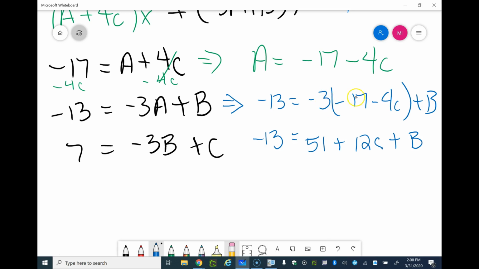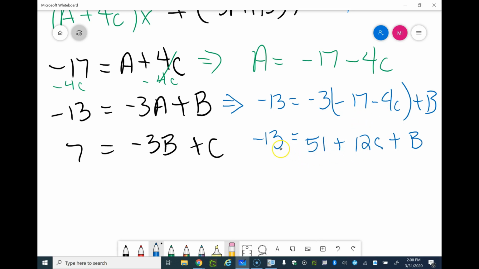So I distribute the negative 3 inside. Negative 3 times negative 17 gives us 51. Negative 3 times this negative 4 gives us a positive 12C. These two negatives give me a positive 12C. And then write the B here. This negative 3 does not get multiplied over to the B. It just goes to what's inside the parentheses.